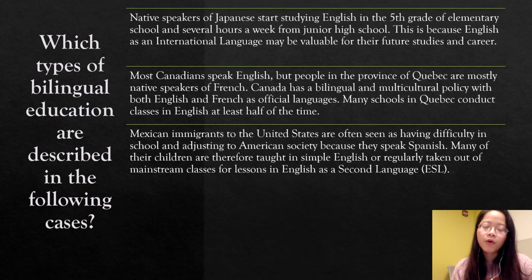For example, a case study can be: native speakers of Japanese start studying English in the 5th grade of elementary school, and several hours a week from junior high school. This is because English as an international language may be valuable for their future study and career.